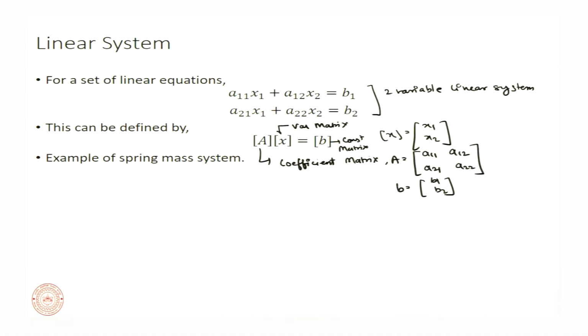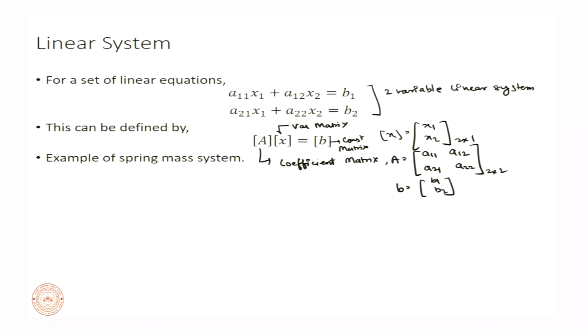So, you can see that this set of linear equations, which just consists of two variables, can also be expressed in terms of a matrix system. This matrix is 2 cross 2, our x is 2 cross 1. So, a 2 cross 2 dotted with a 2 cross 1 will give you a 2 cross 1. B is also a 2 cross 1. So, you will be able to solve this.